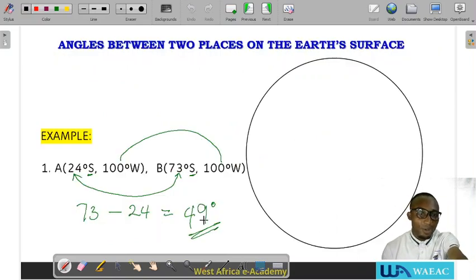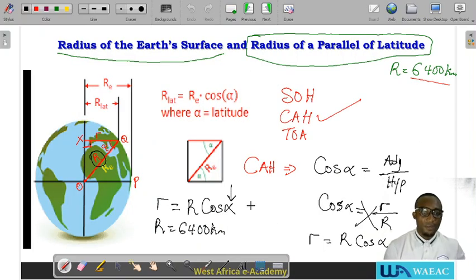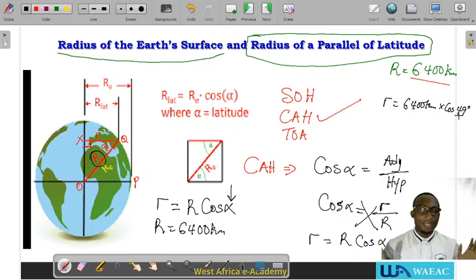We got our angular difference to be 49. I'm just using this for example. If your angular difference is 49, for you to get your small radius, you can just do r equals 6,400 kilometer times cos 49 degree. So that is how you can get your small r.